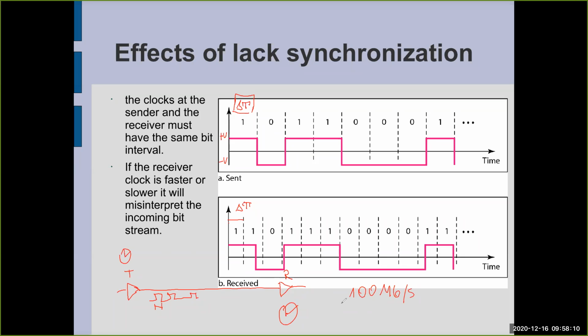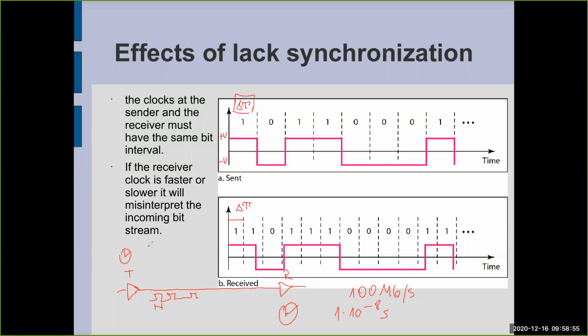So the duration of a particular bit is 1 times 10 to the minus 8 seconds. If this duration is so short, the effect of desynchronization, so the different speed of clocks in the transmitter and receiver, may be evident.